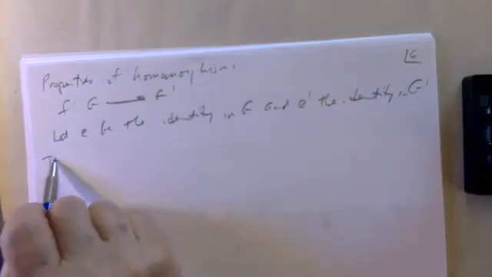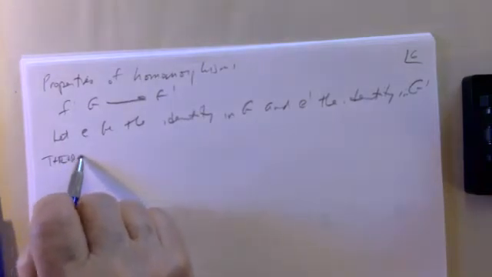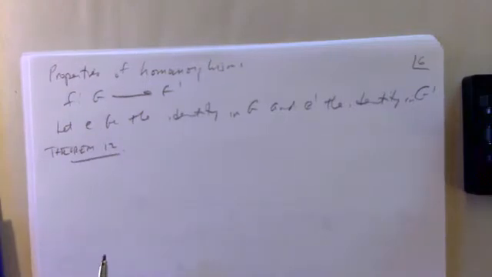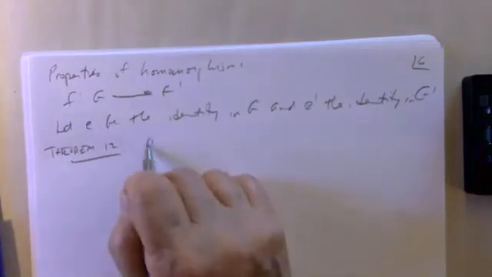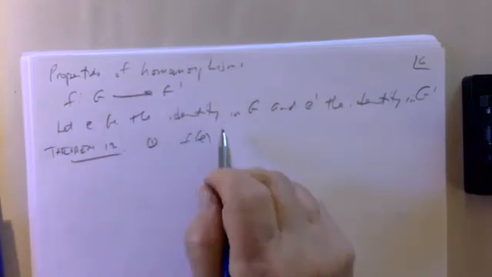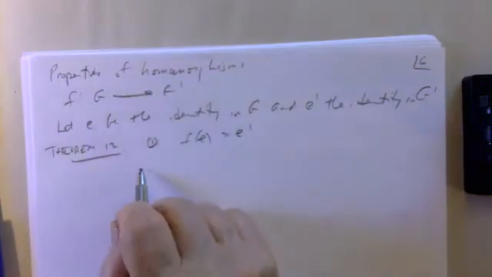So this is a little theorem, which is in the notes, I think it is theorem 12. It says, first of all, F applied to the identity in G is always the identity in G prime.